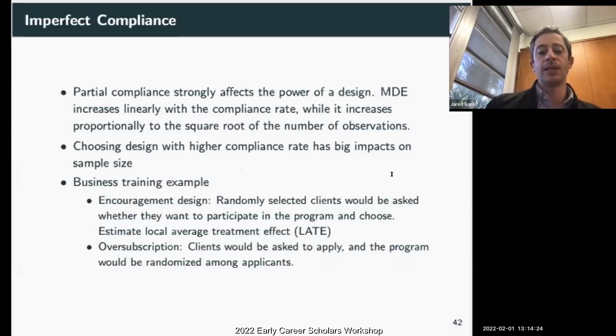So the take-up of the program in the second design would presumably be much larger than in the first design. And then the MDE for the effect of the training on those who choose to participate when offered the option would decrease in proportion. You can have a much smaller sample size if you do it this way.